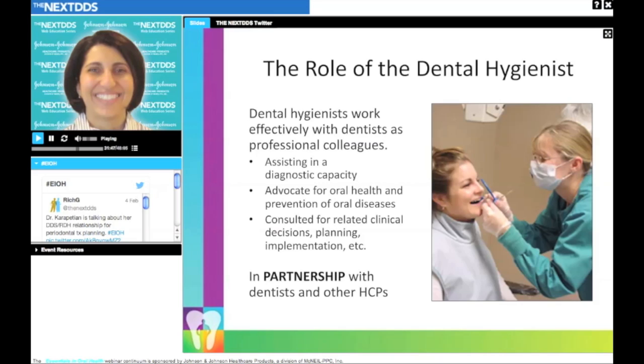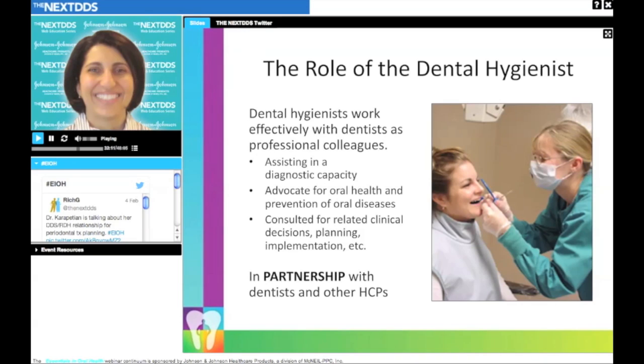So my hygienist plays a very, very important role in my practice. She has 1 hour to treat the patient, and so she spends an hour discussing what's going on in the patient's life, in the patient's home care, in the patient's oral cavity, and she's actually performing the treatment on the patient. I can only come in for 5 to 10 minutes and quickly evaluate the patient.